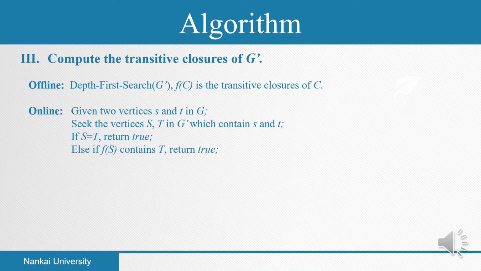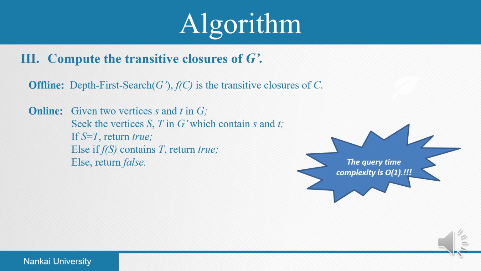Else, if F(S) contains T, then we return true. Else we return false, meaning S and T cannot reach each other. The query time complexity is O(1).